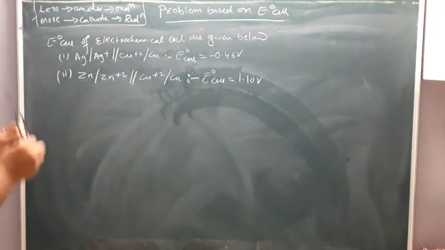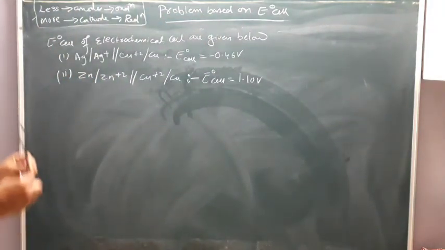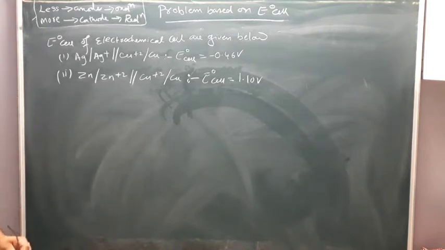See, the question is not very complicated but tricky. They have given here E0 cell of electrochemical cells. So two cells they have given here. This is the first cell, this is the second cell.